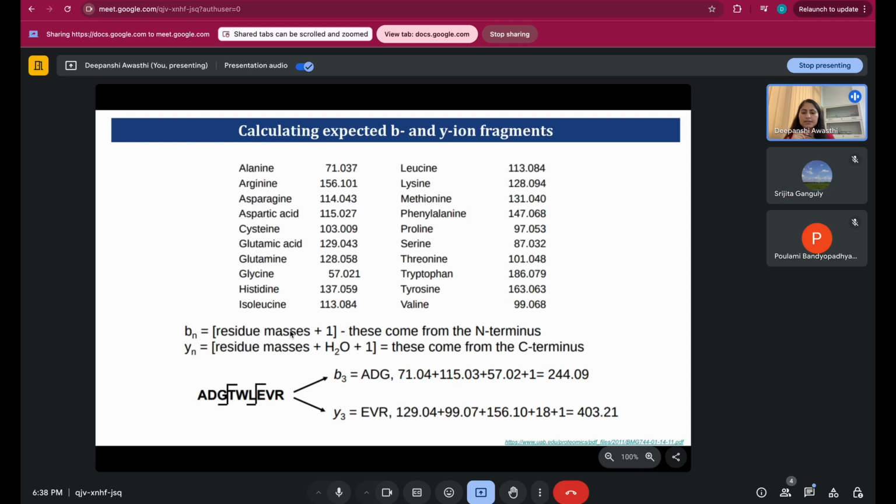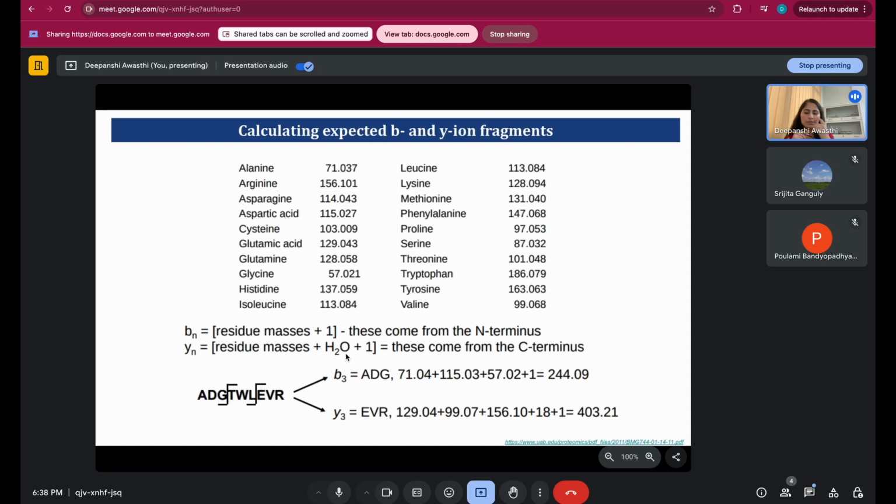Okay, so Bn refers to the ions coming from the N terminus, and what we generally do is add 1 to the residue mass. For Yn, the ion that is formed contains H2O along with plus 1. The residue mass means the mass of the amino acid, so in addition to the mass of the amino acid, the ion will also contain H2O and 1.